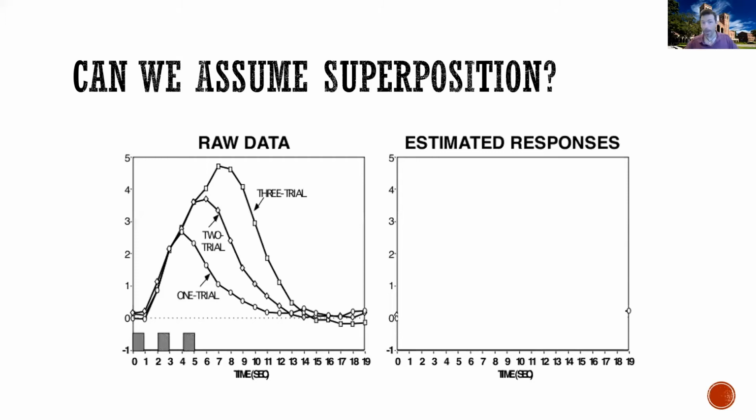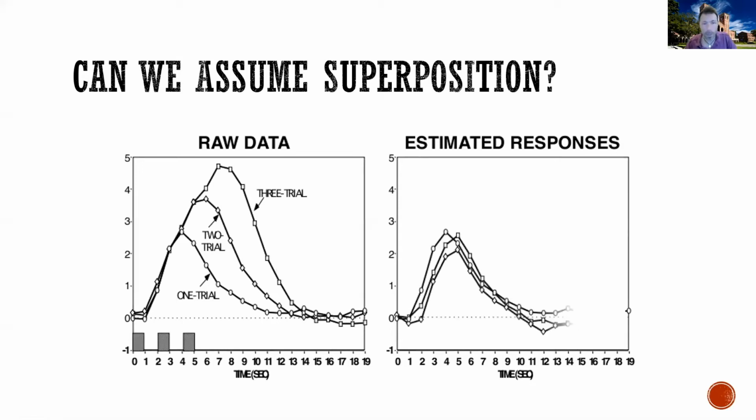In fact, you can keep playing this game, and you can take the response to 3 trials, which is this giant mountain right here, subtract from it the response to 2 trials, which is the middle mountain, subtract from that the response to the 1 trial, and if the system had perfect superposition, we should be able to subtract from the 3 the 2, and from the 2 the 1, and have 3 identical copies of the same response to 1 stimulus.